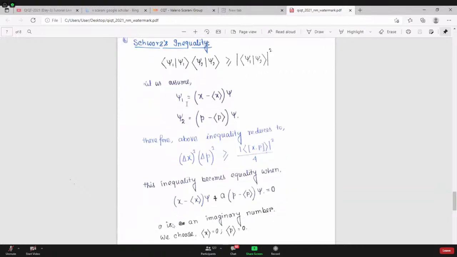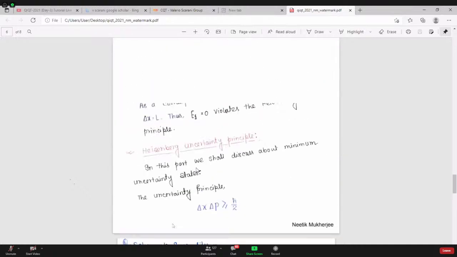If we assume psi 1 as (x minus average of x) acting on psi, and psi 2 as (p minus average of p) acting on psi, then this relation reduces to this form. We know the commutator of x and p is i h cross, so if you replace this, we reach this expression.